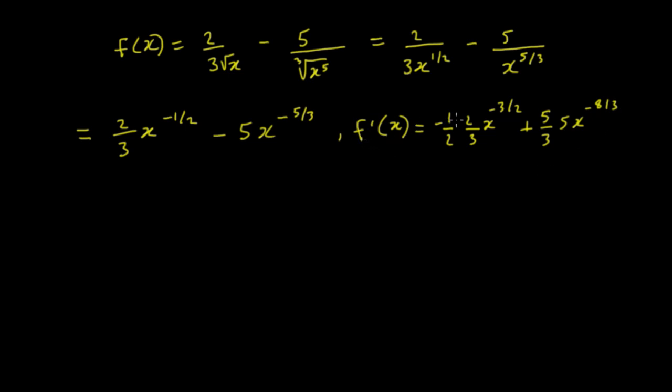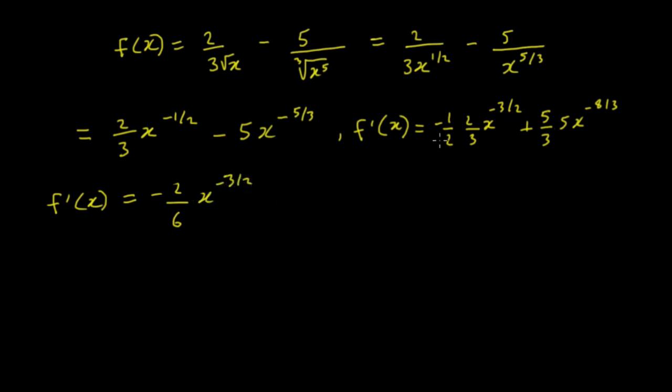So in effect that's us done our differentiation, but we'll just rewrite it in a format that's a bit neater. So f derivative of x is going to equal, we'll multiply these out, so we're going to have minus 2 upon 6 x to the minus 3 upon 2.